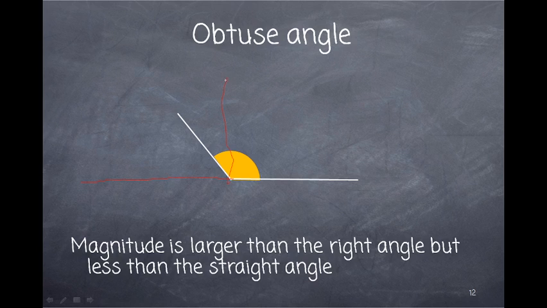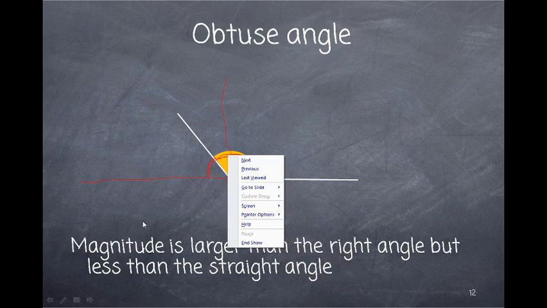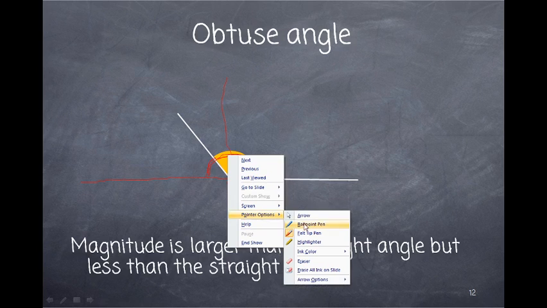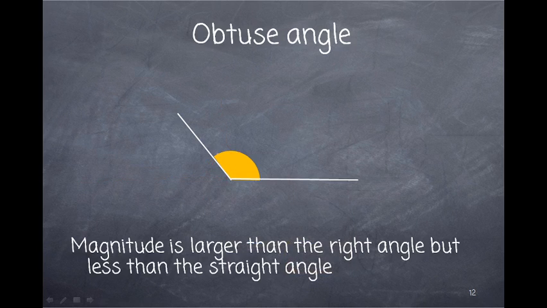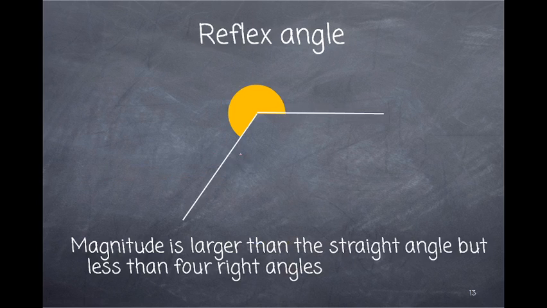To be the right angle, we should be able to draw a line like this, and if it is a right angle, we should be able to fit a square here, and this angle is greater than this right angle but less than the straight angle. Okay, let's clean this up. So this is an obtuse angle.